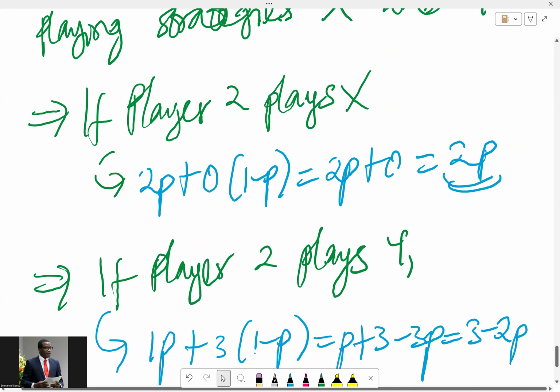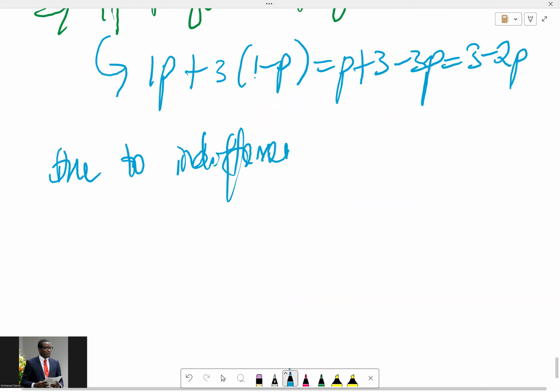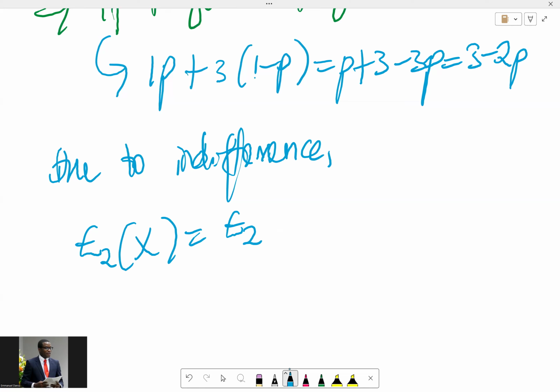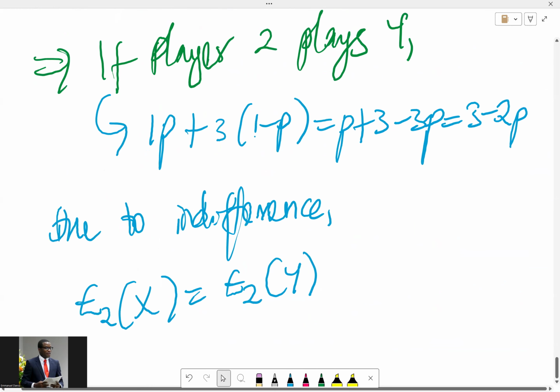So again, we can say due to indifference, the expected payoff of player 2 for playing X is the same as the expected payoff of player 2 for playing Y. So in that case, 2p is equal to 3 minus 2p.